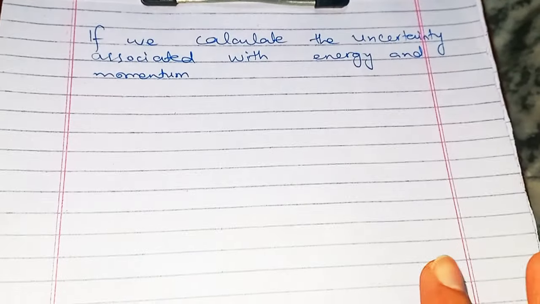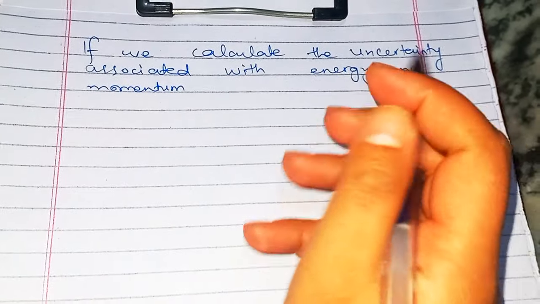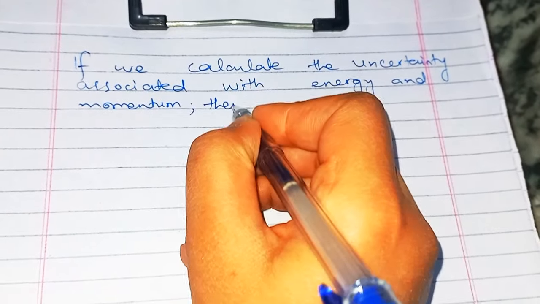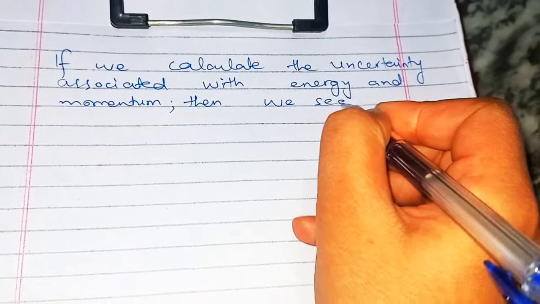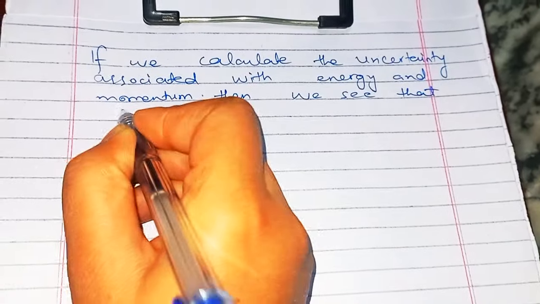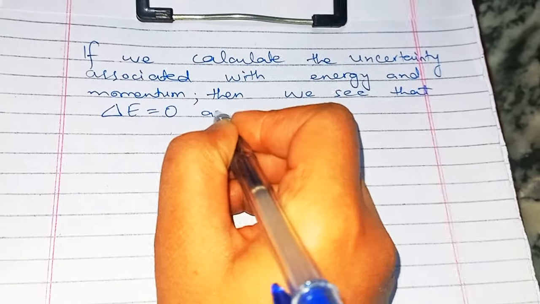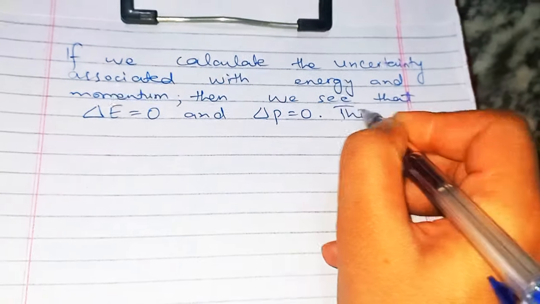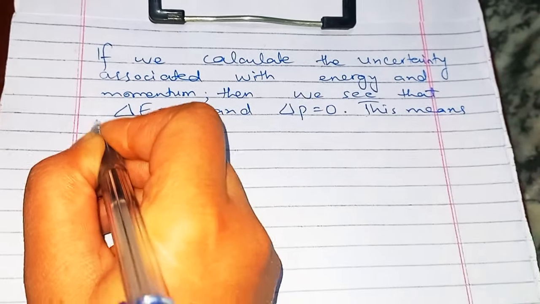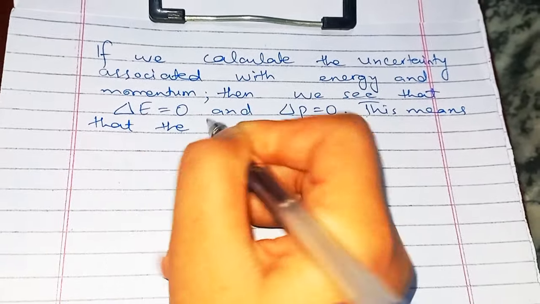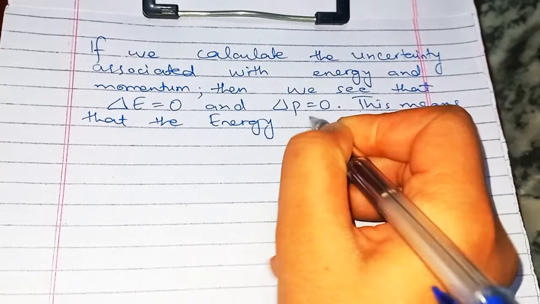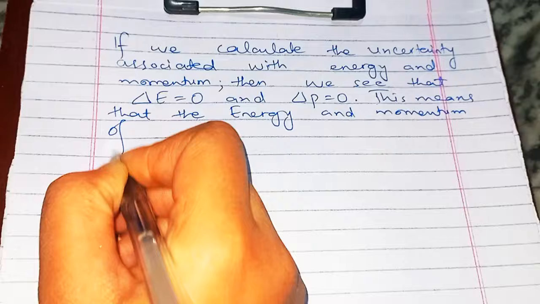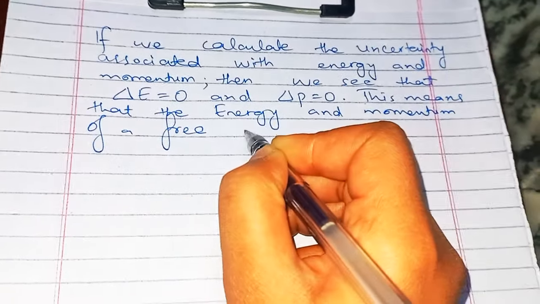You will see what kind of argument it is. So with energy and momentum, we see that delta E equals 0 and delta P equals 0. This means that the energy and the momentum of a free particle is exactly known.